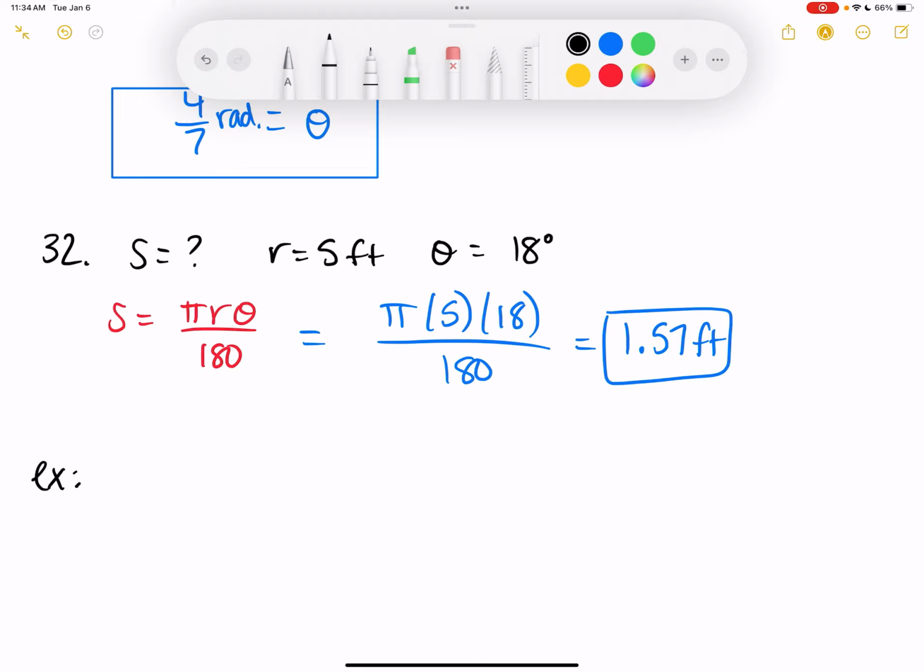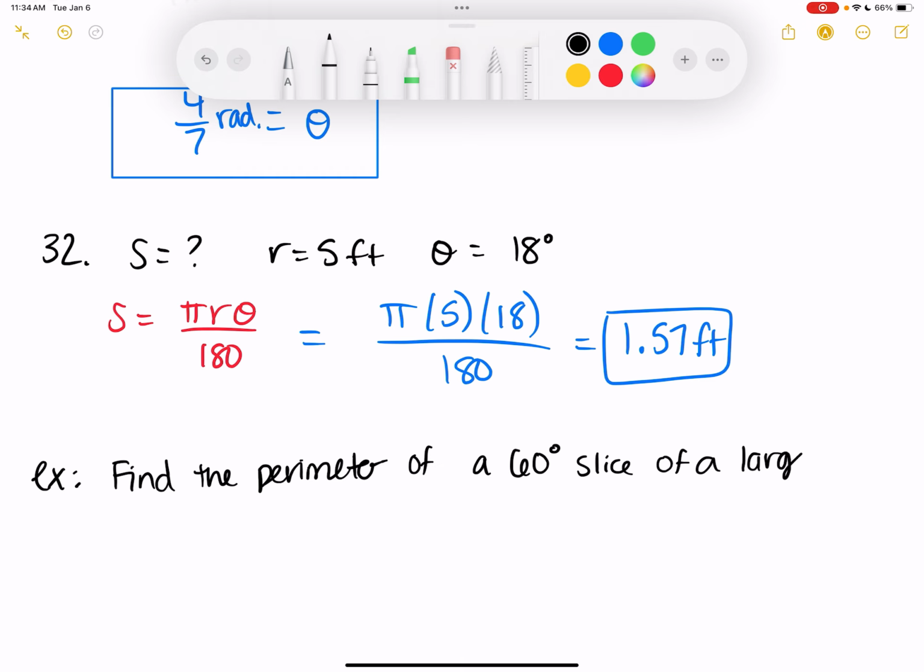All right, we're going to do a couple word problem examples here. Find the perimeter of a 60-degree slice of a large 14-inch pizza.